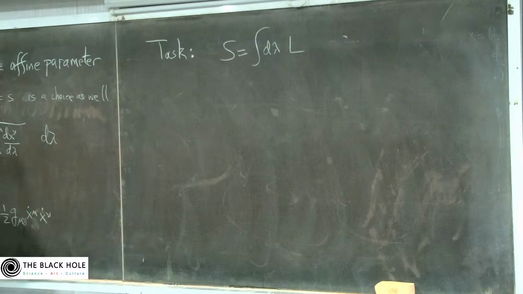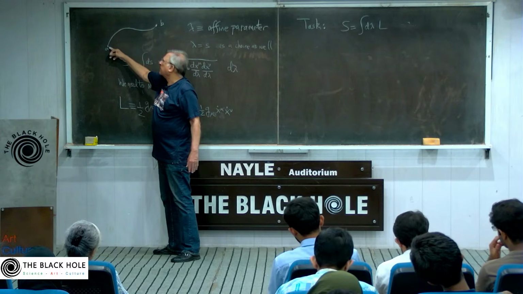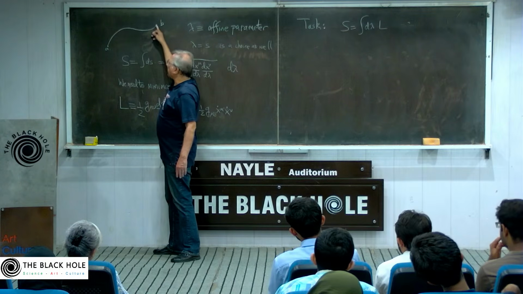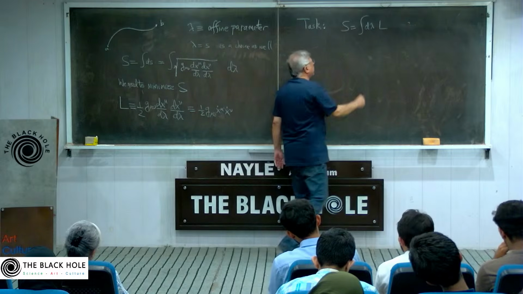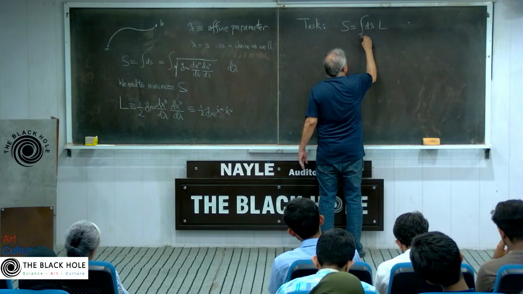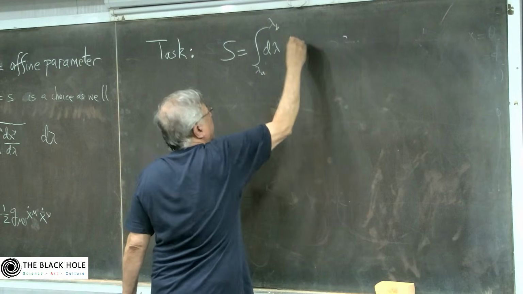Lambda starts from here at some value. You could call it 0. And ends here, you could call that 1. It doesn't matter. Whatever the starting value is to the final value here.